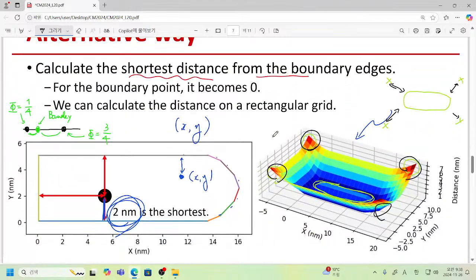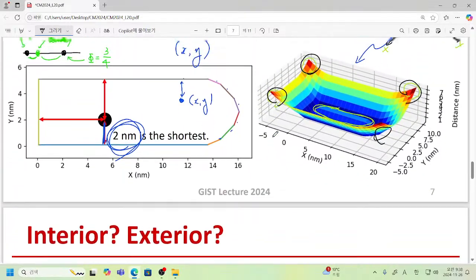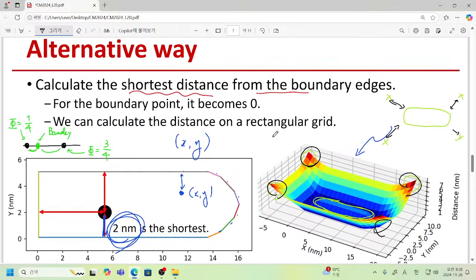we can clearly now see that, for example, this one becomes a positive half and this one becomes, for example, negative 3/4. Then we can find that there will be a certain zero crossing point and that will be the boundary, and which one is interior and which one is exterior of this boundary.